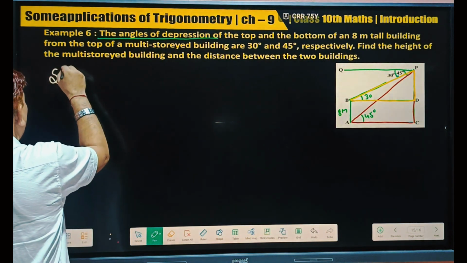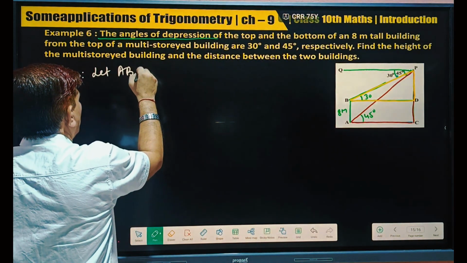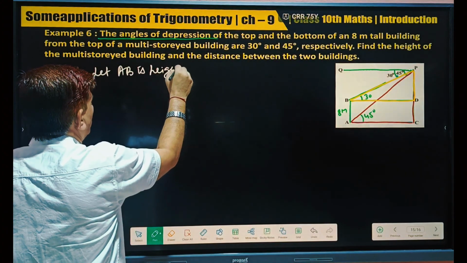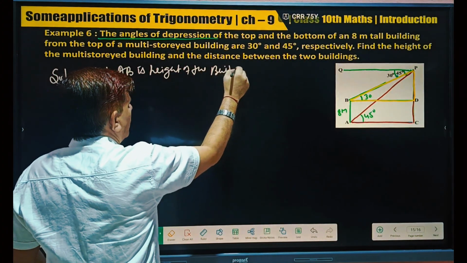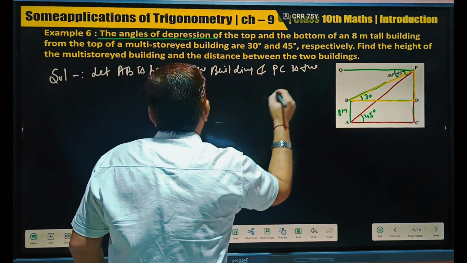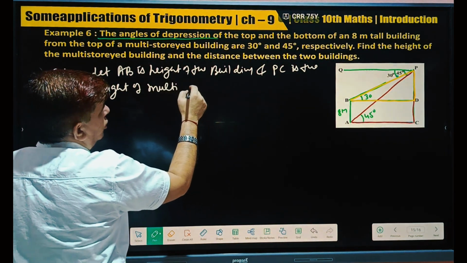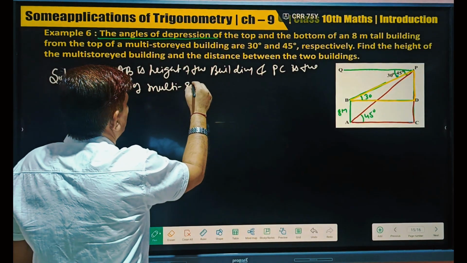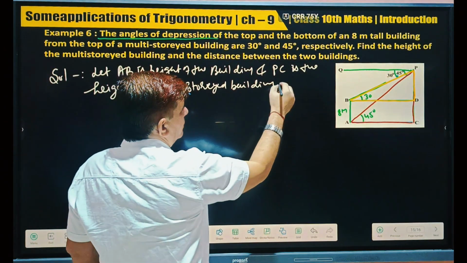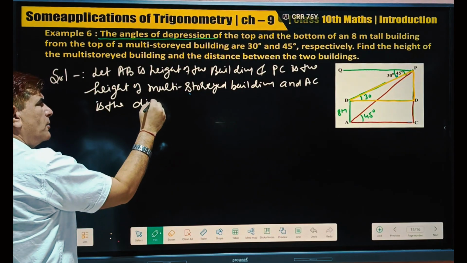Let AB be the height of the building, and BC the height of the multi-storied building, and AC the distance between them.